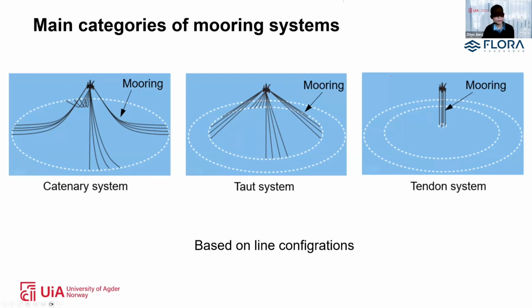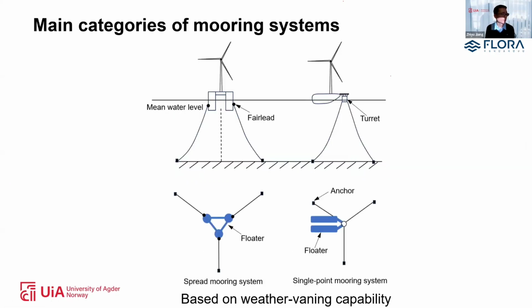Alternatively, if we divide the mooring system based on weather vaning capability, then we also have spread mooring system and the single point mooring system. Okay, single point mooring system means that the whole platform can rotate in the yaw degree of freedom. When the wave load, for example, changes from one direction to the other, the system itself can get aligned with the dominant environmental loading.